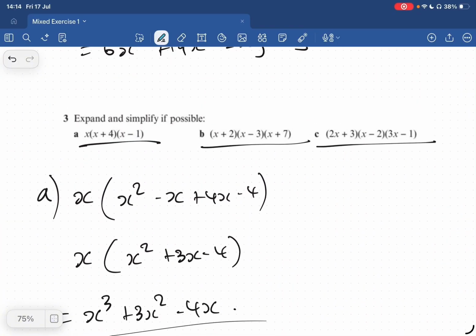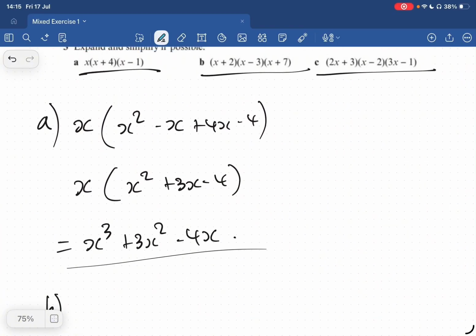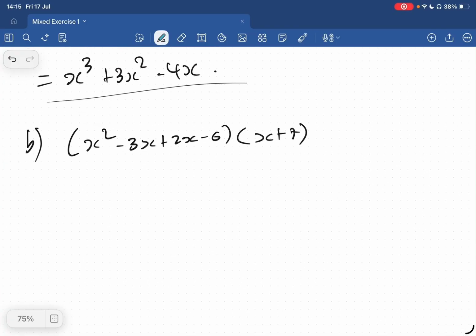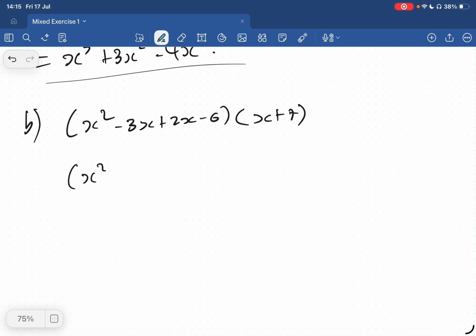Now look at B. There's no reason to pick, so we're just going to work left to right. So we're going to have x squared minus 3x plus 2x take away 6, x plus 7. Okay, collect like terms before we expand that.